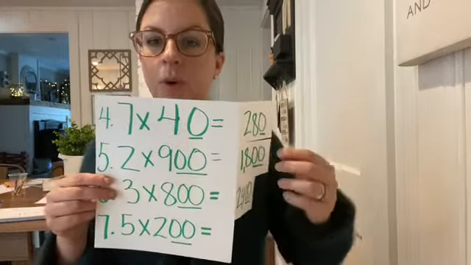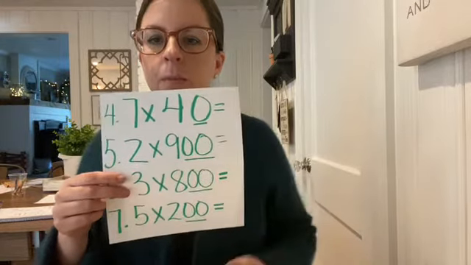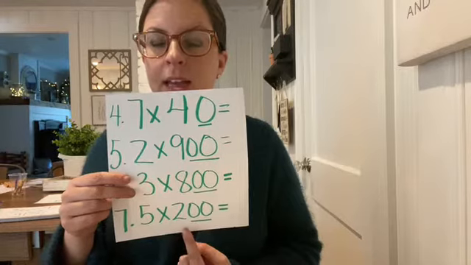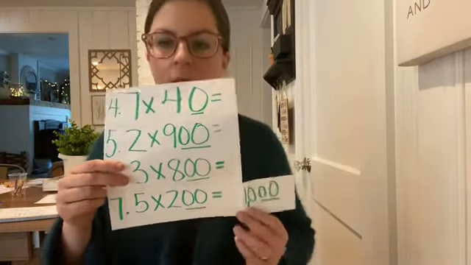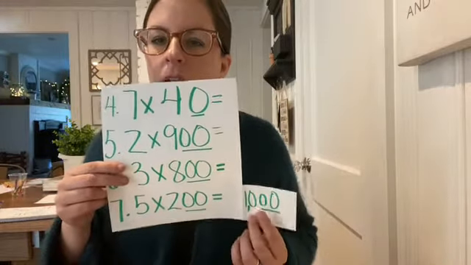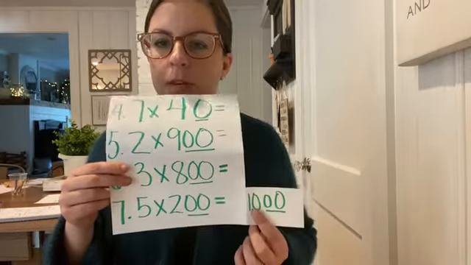Okay, the last one might seem a little bit tricky, but 5 times 2. What's 5 times 2? 10, and then add 2 zeros. Makes 1,000. So there are 3 zeros, but we only added 2 zeros to it because 5 times 2 is 10.